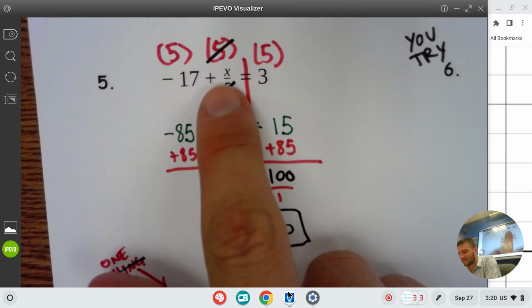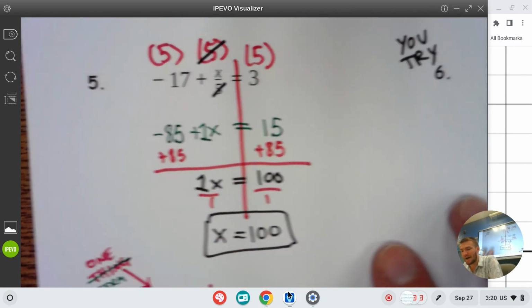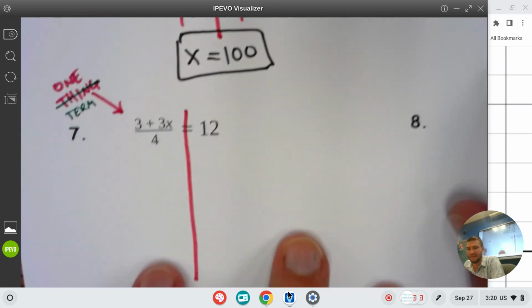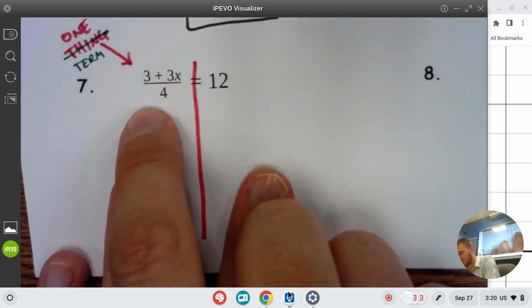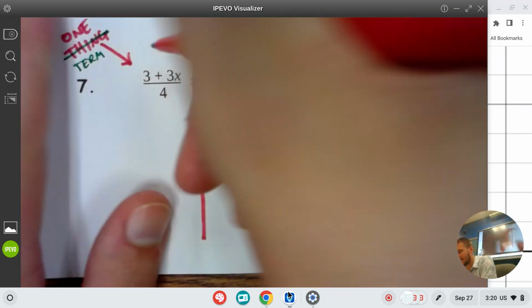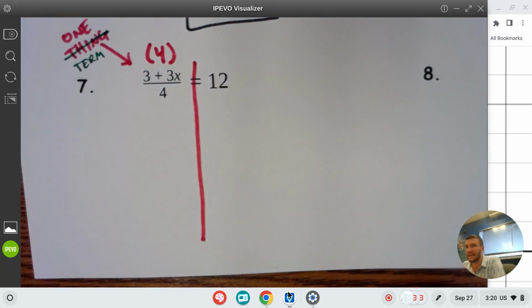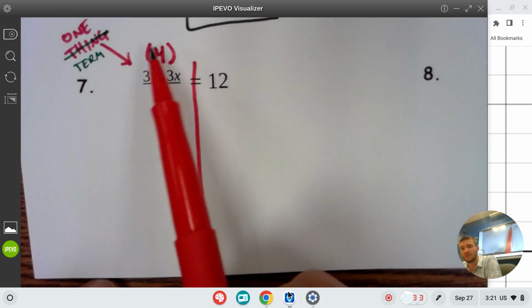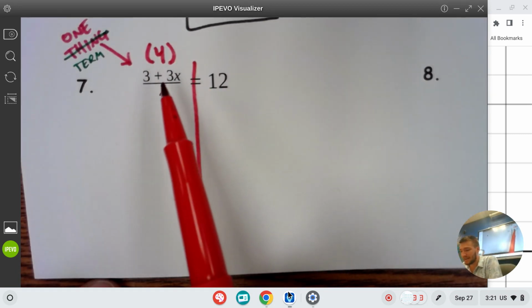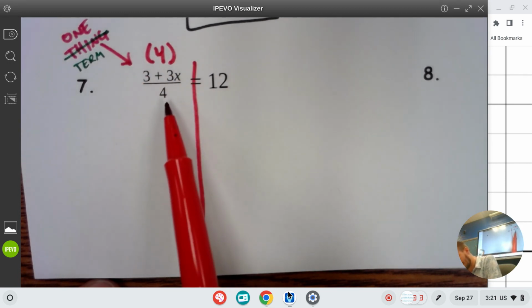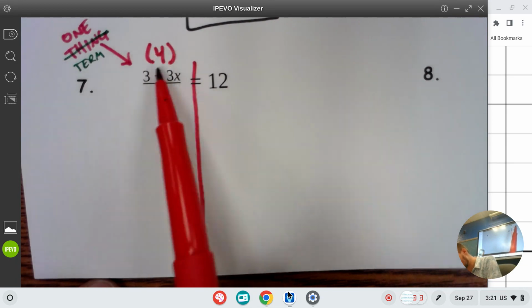Term 5, term 5, term 5, term 6, term 6, term 6. But this is only one term, so it only gets a single 4. The mistake that everybody makes is they put 2 4s on here. This is only one fraction. It's only one alien. It only gets one bodyguard.